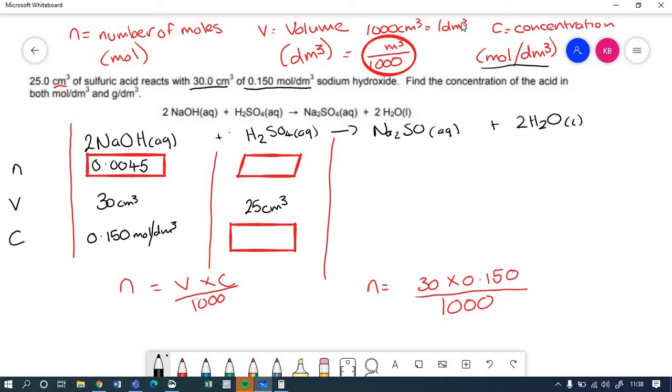Now, because I've got 3 of these blanks, I can start to fill some numbers into this. I know that 2 moles, because that's what this number is telling me here, 2 moles of this react with 1 mole of this. So if this value represents 2 moles, what must 1 mole of it be?